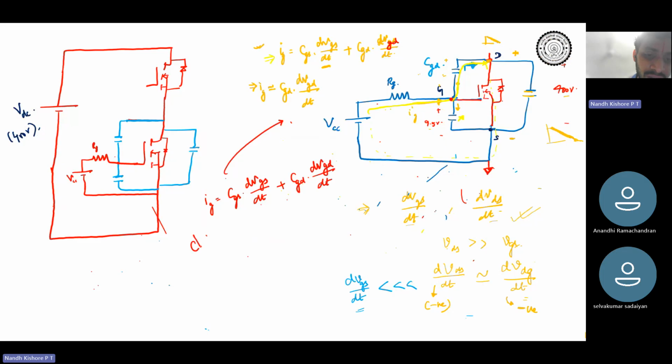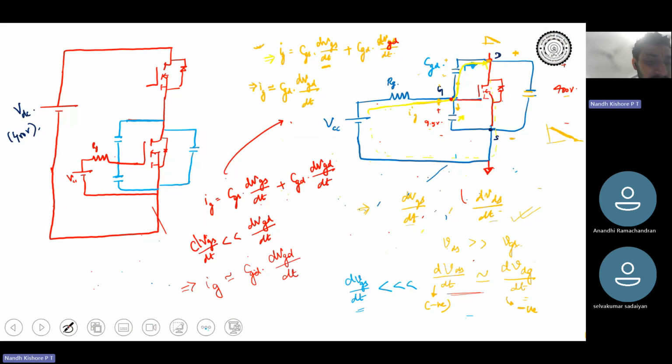And we told that dVGS by dt is much, much lesser than dVGD by dt, because dVGD by dt and dVDS by dt are almost the same. Therefore, I can write IG is almost equal to CGD into dVGD by dt.